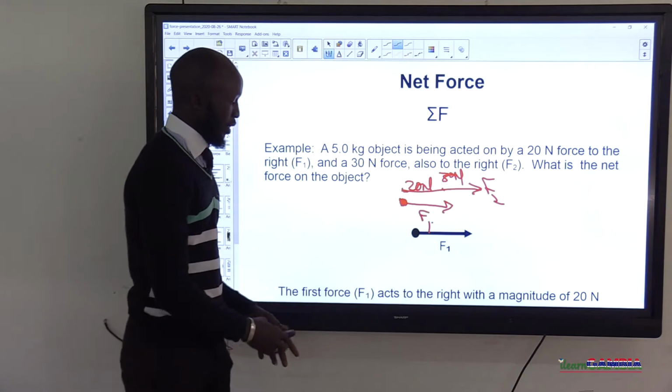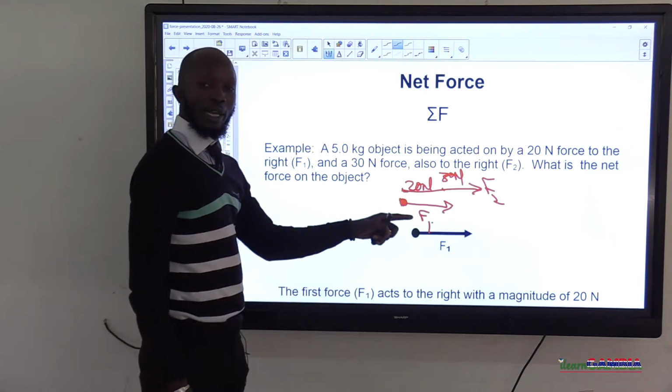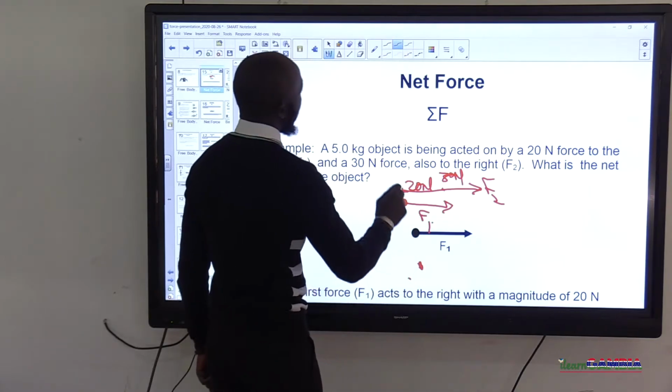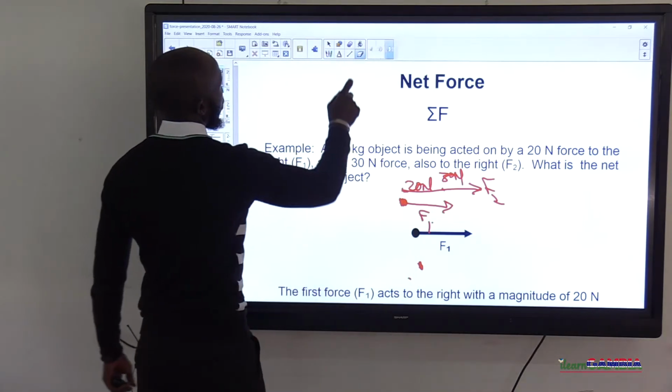What we do here is we take F2 and add it to F1 by simply finding the resultant. I'll choose a different color for that.